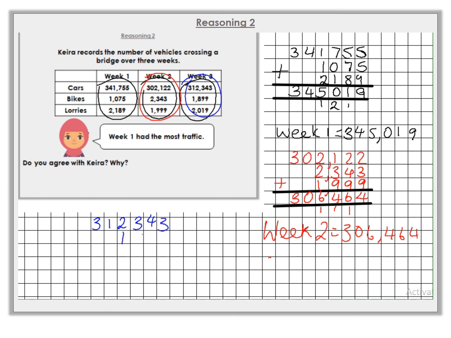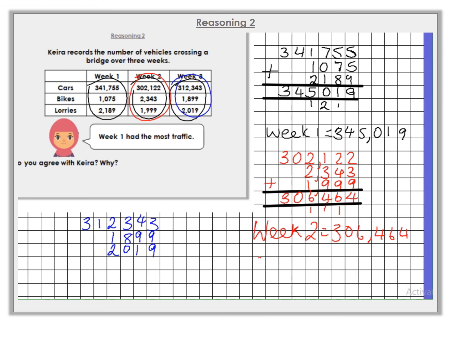Add 1,899, add 2,019. Okay, so we are now going to have to add these up.